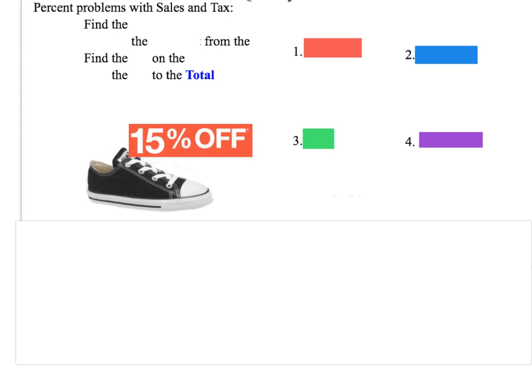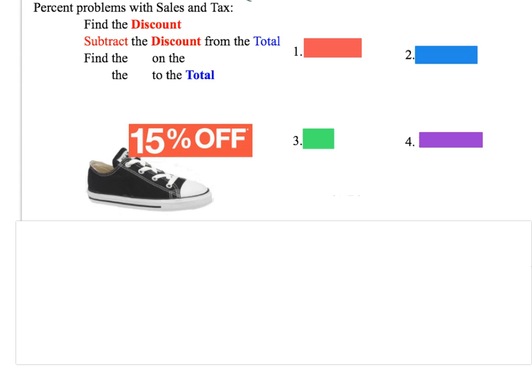So real quick, we're going to review anytime we have percent problems with sales and tax. We first need to find the discount. We then subtract the discount from the total.